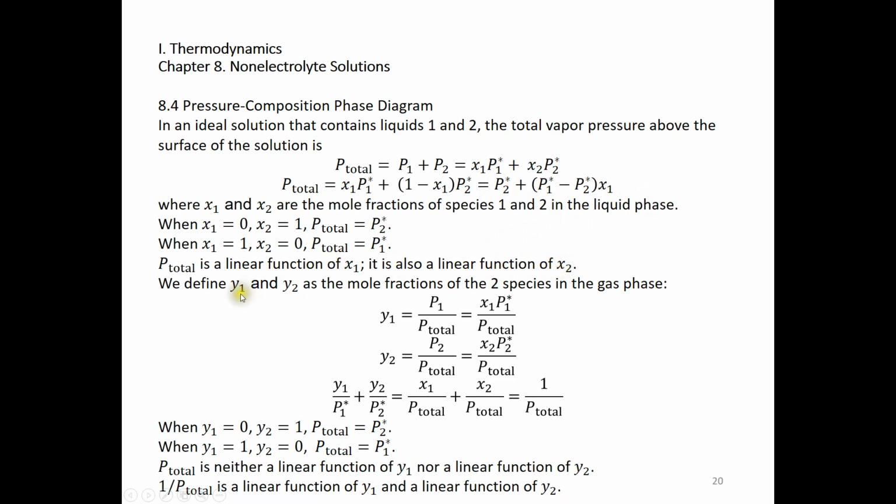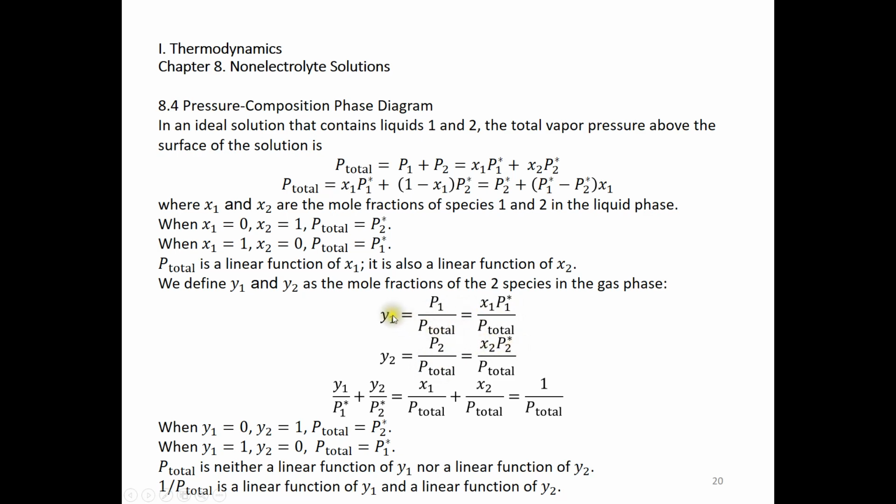We can define y1 and y2 as the mole fraction of these two species in the gas phase, as opposed to x used for the liquid phase. So y1 is P1 over P total, y2 is P2 over P total. We're going to use Raoult's law. P1 is x1 P1 star, P2 is x2 P2 star.